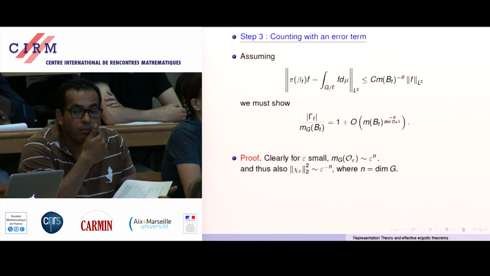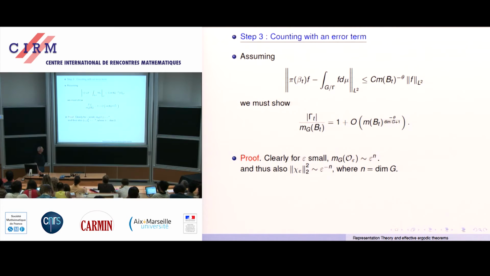And therefore, the L2 norm of the little bump function is epsilon to the minus n over 2. The bump function, I remind you, was normalized, where n equals dim G.